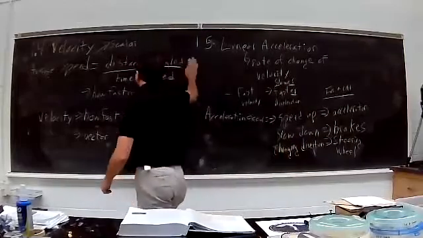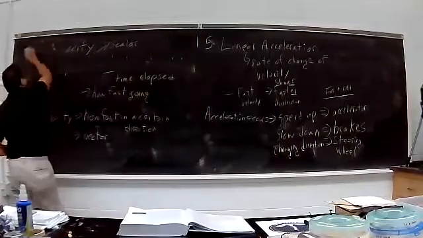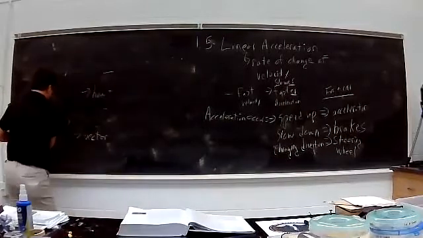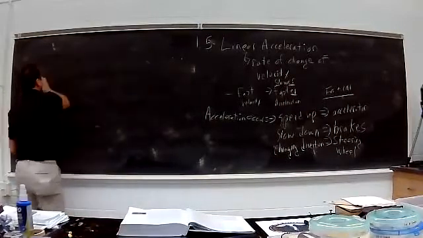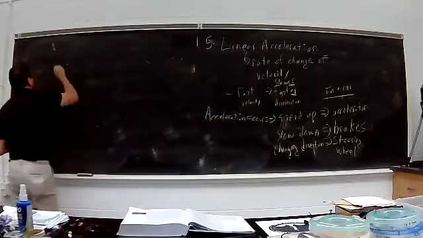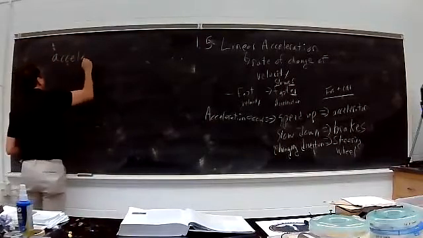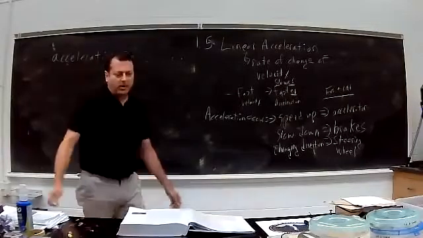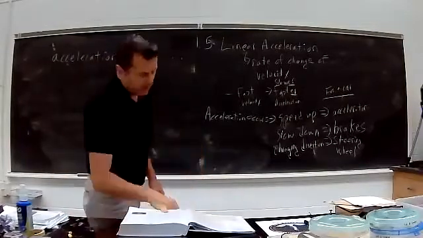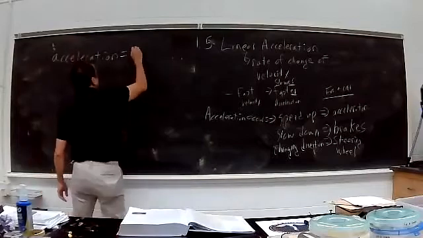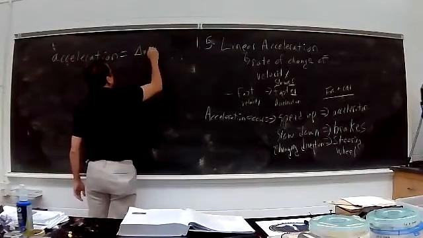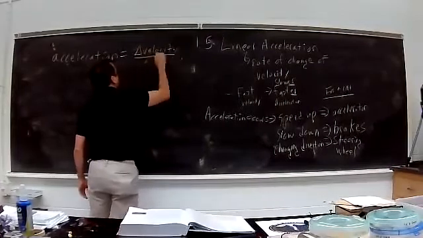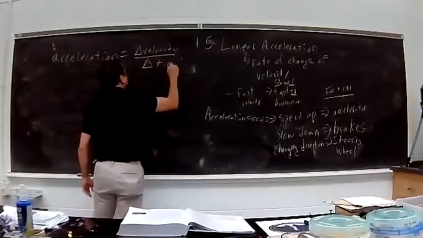Okay. All right. Let's look at the equation for acceleration. Put this in terms of the way the book does it. So they say acceleration is the change in velocity over change in time.